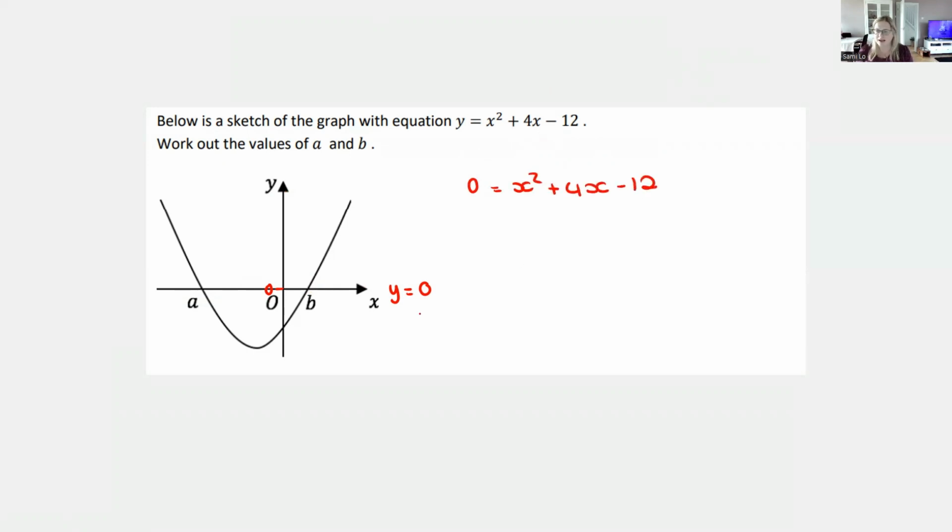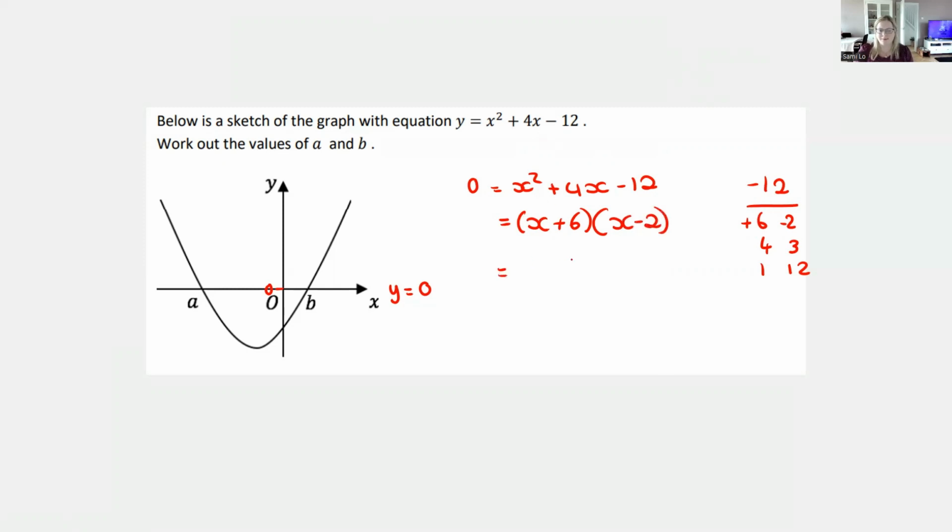Now, some of you might have realized straight away, I need to factorize. So we're just going to factorize these. If you're not sure what the factors are, of -12, so we've got 6 and 2, 4 and 3, and 1 and 12. And to make +4, I'm going to have a +6 and a -2.